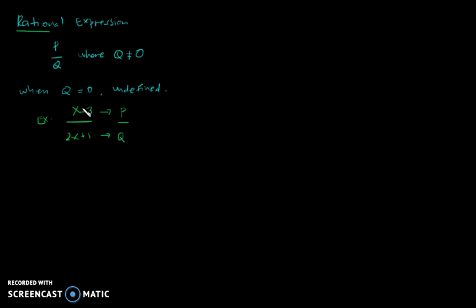Now, let's take a look at this table. I have a column for x, x minus 3, 2x plus 1, and then x minus 3 over 2x plus 1.